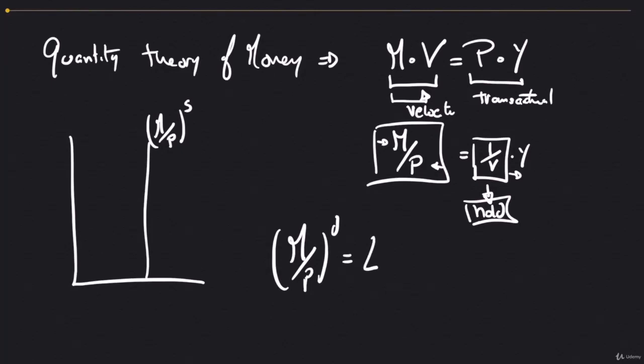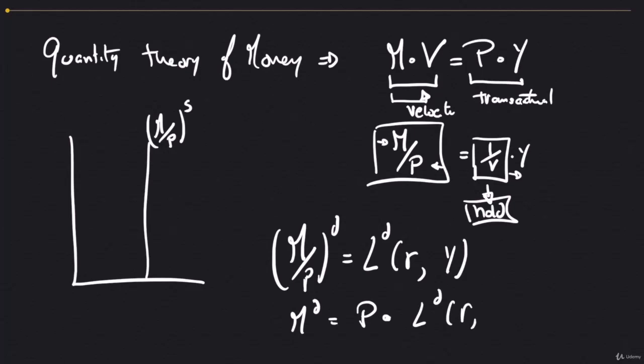The demand for liquidity is a function of R and Y. And if you want to write it differently, the nominal demand for money is equal to the price level times the liquidity demand function, as a function of interest rates and Y. But we're going to erase the second one. We're going to keep it in terms of real money balances, the abstract idea of real purchasing power, essentially, of money. And we're going to look at this liquidity demand for money.